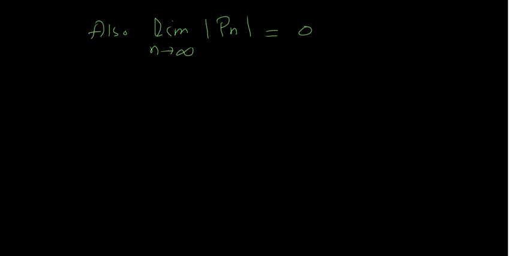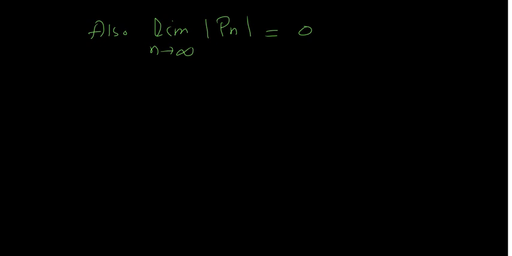And moreover, I choose n so large because it's a sequence of partitions whose mesh is approaching 0. So it obviously means that the lengths of the subintervals will be approaching 0.